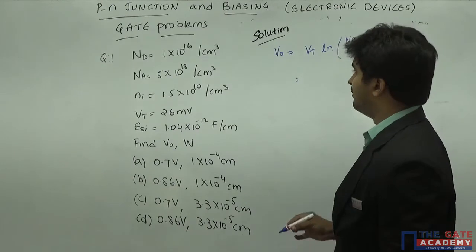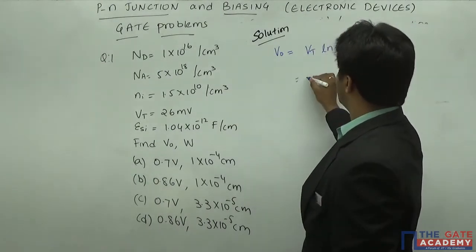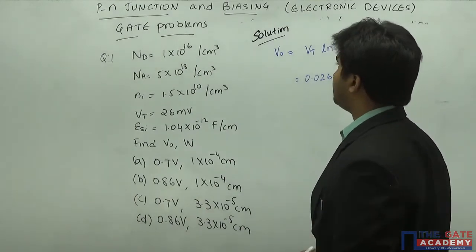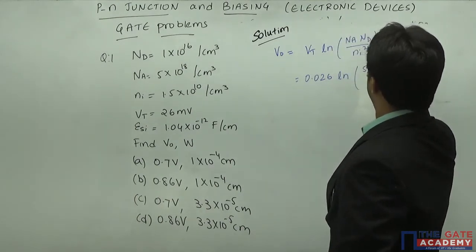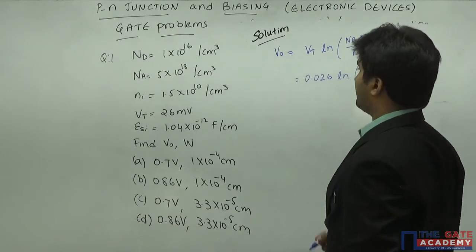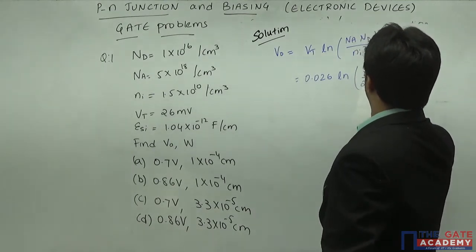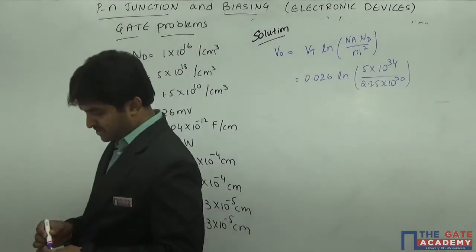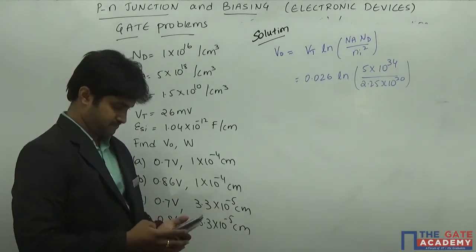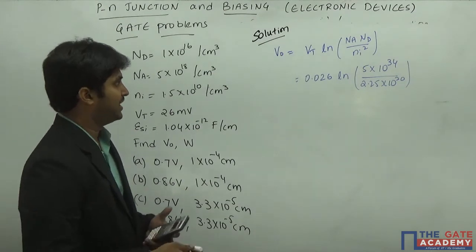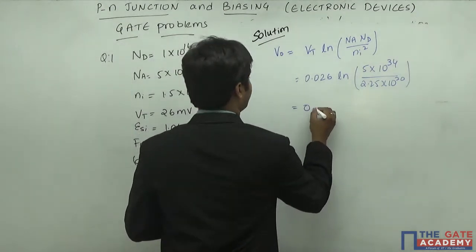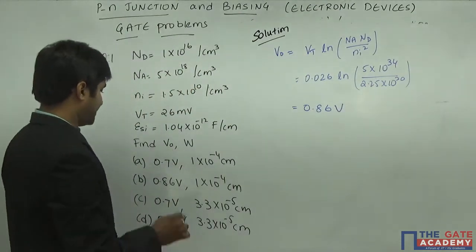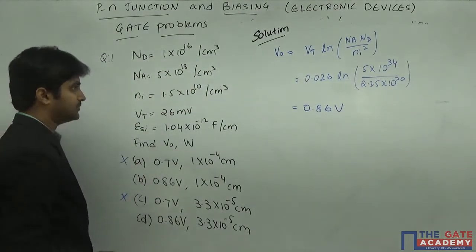So which is equal to 26 millivolts, written as 0.026, into ln of NaNd, which is 5 into 10 power 34, divided by 2.25 into 10 power 20. You can calculate this particular value. So the value will approximately be equal to 0.86. So we can eliminate two options, option A and option C.